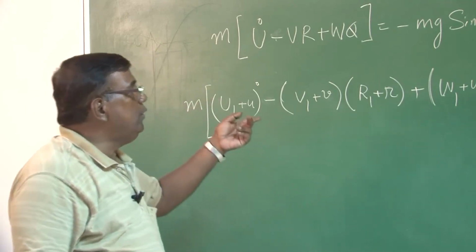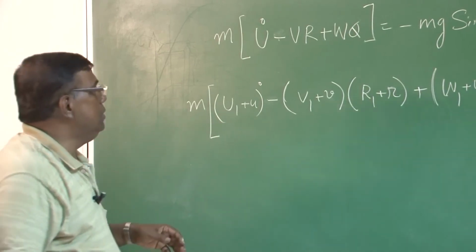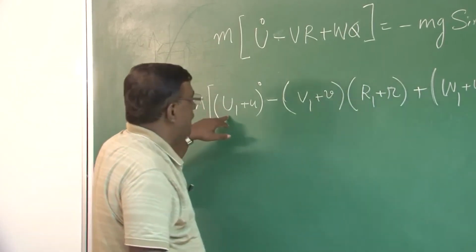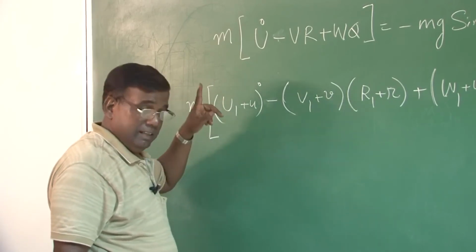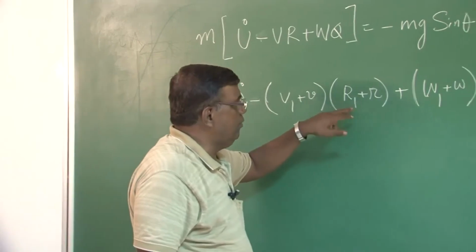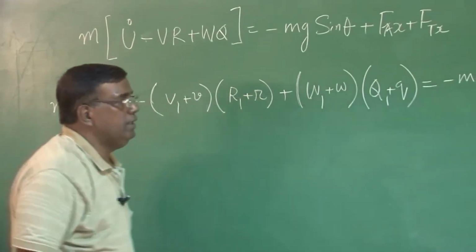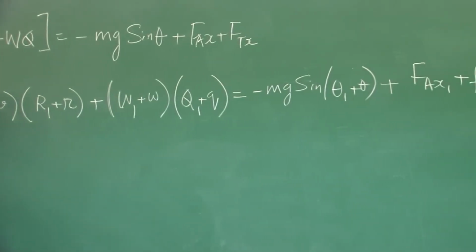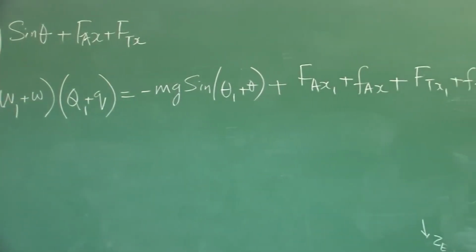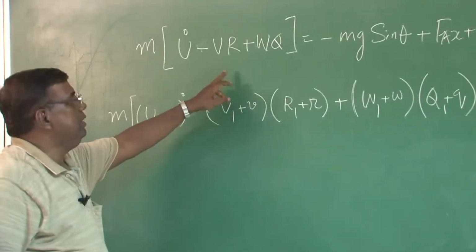So we are also trying to develop the perturbed equation of motion, and we want to see what is happening if this airplane is disturbed about its equilibrium, about its steady state. U1, V1, R1, whatever with subscript one, they represent the steady state conditions. So what I have done: for u I have u1 plus u, for v, v1 plus v, for r, r1 plus r.